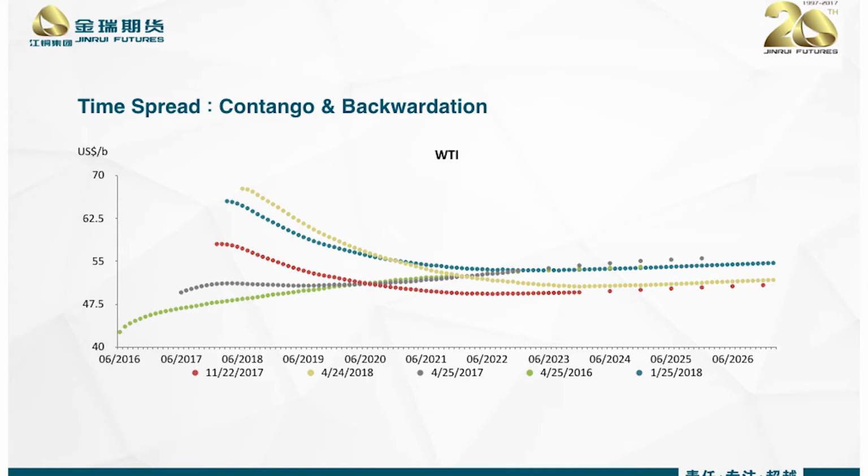In terms of time spread arbitrage, the futures curve is affected by storage cost, financial cost, and the differences between the expectations of demand and supply in the near and far ends, and so on.